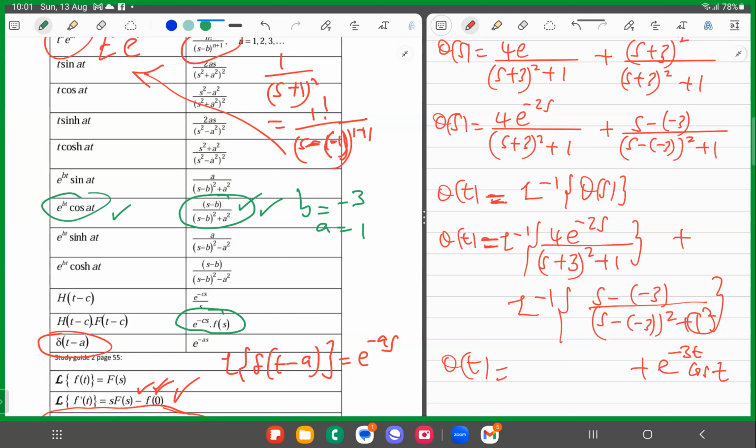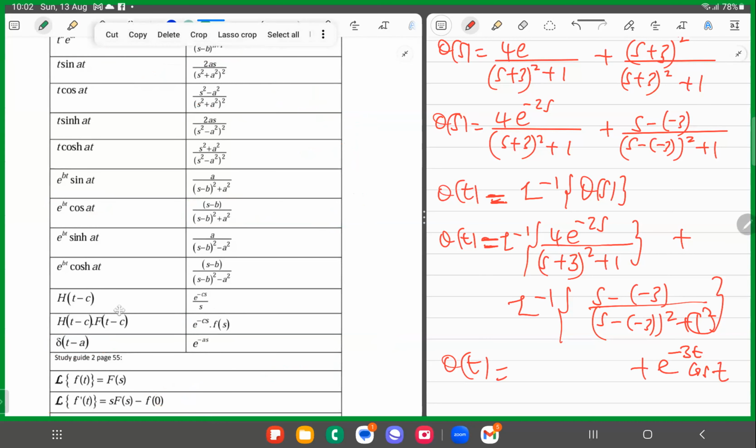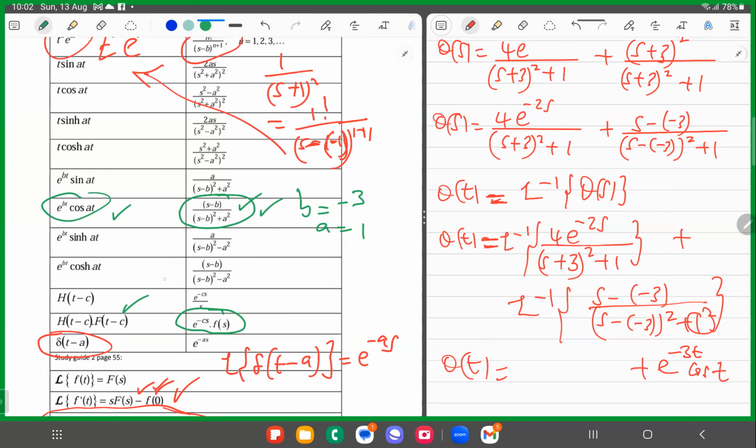So as a consequence, it would resemble exactly this part here. This would be the unit step function, or the Heaviside step function, of t minus 2, because it is t minus c.